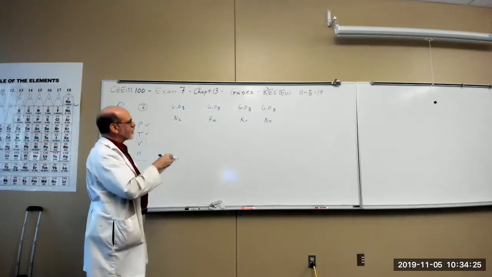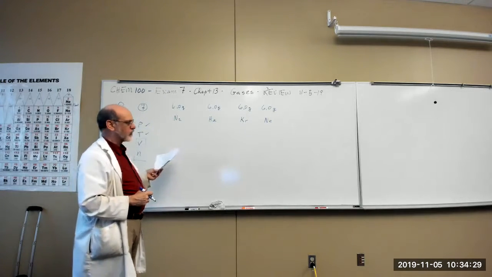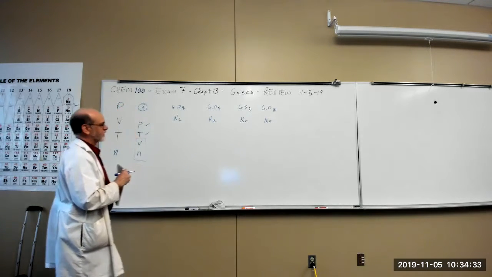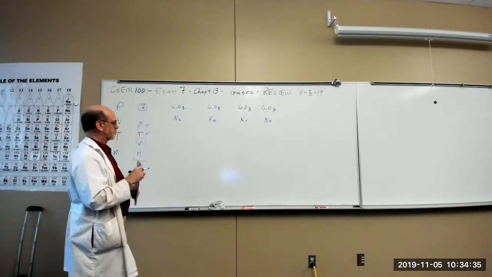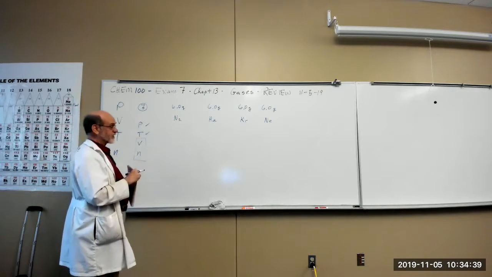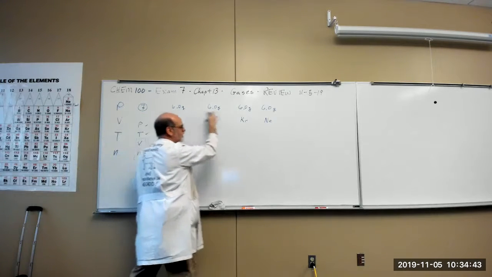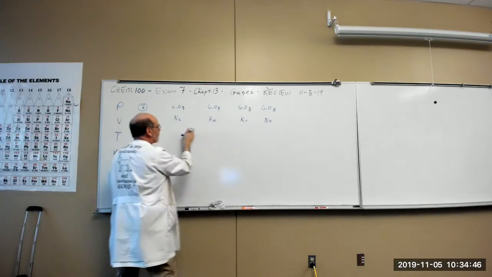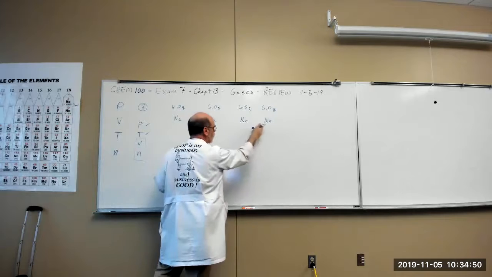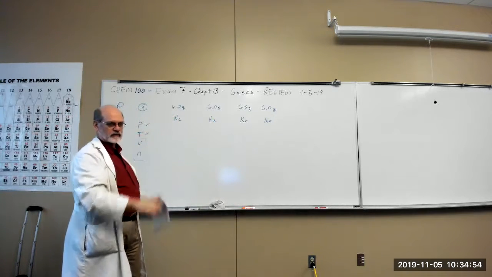So if they have equal masses, what does that say about the number of molecules or the number of atoms in each balloon? What it says is that if they all weigh the same, the question is, does each one of these molecules or atoms weigh the same as individual particles?